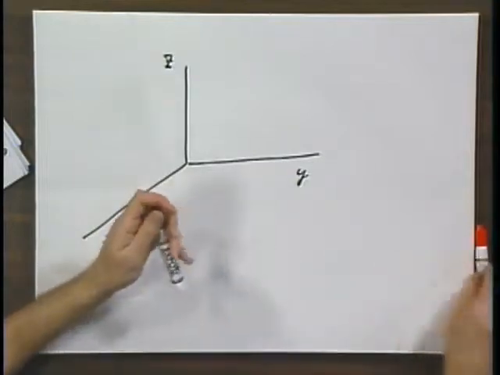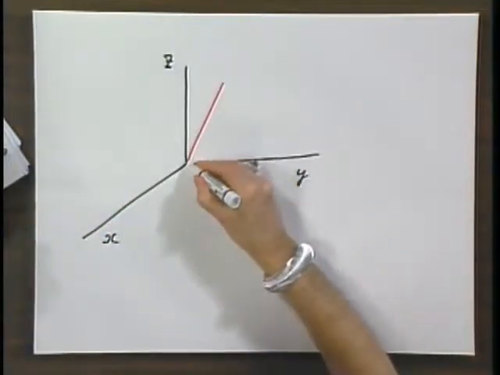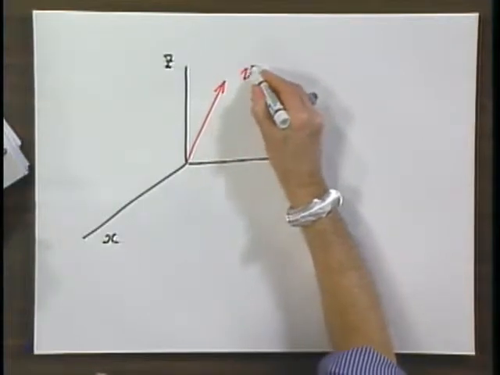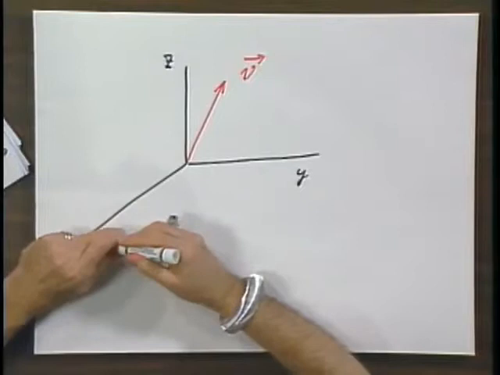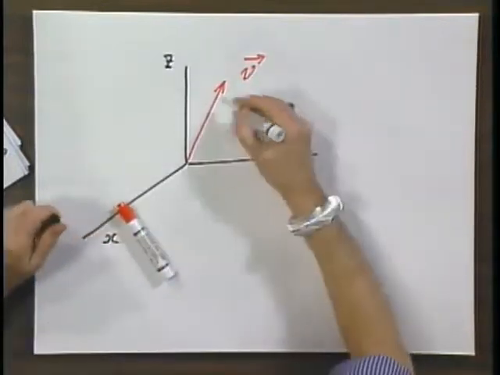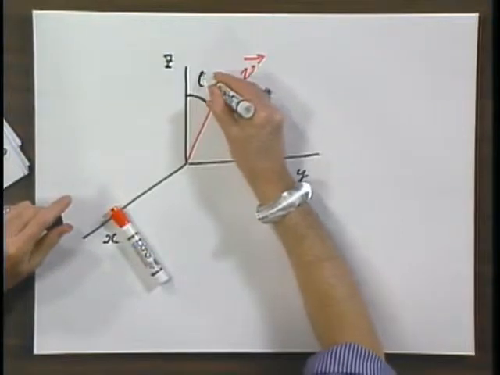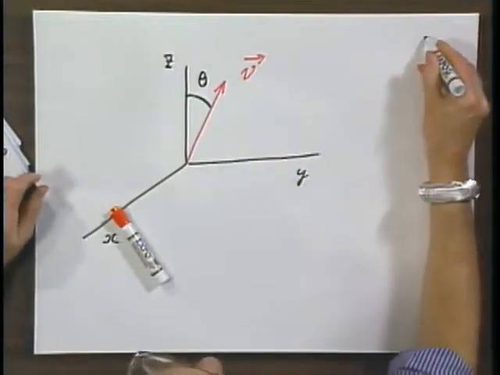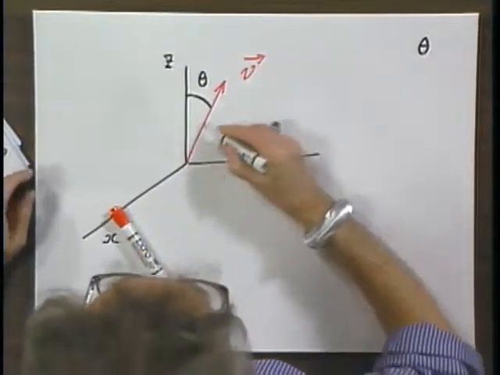And let us assume we have a vector, let's take a velocity vector, v. We can identify the angle between the velocity vector and the plus z-axis as theta. So theta would be one number that we could use to express this vector v.